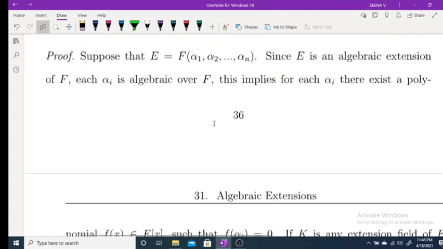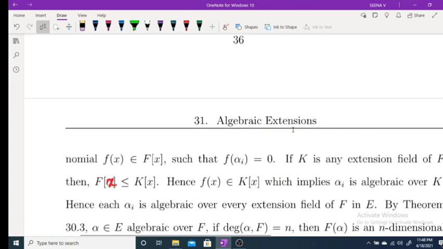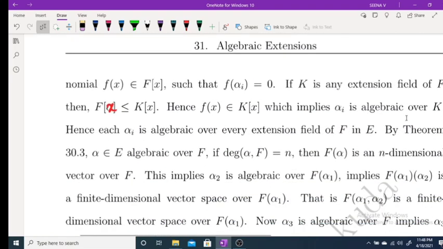Thus, given any alpha_i algebraic over F, it is algebraic over K. Hence, each alpha_i is algebraic over every finite extension field of F in E. Hence, by theorem 13.3, alpha belonging to E is algebraic over F.